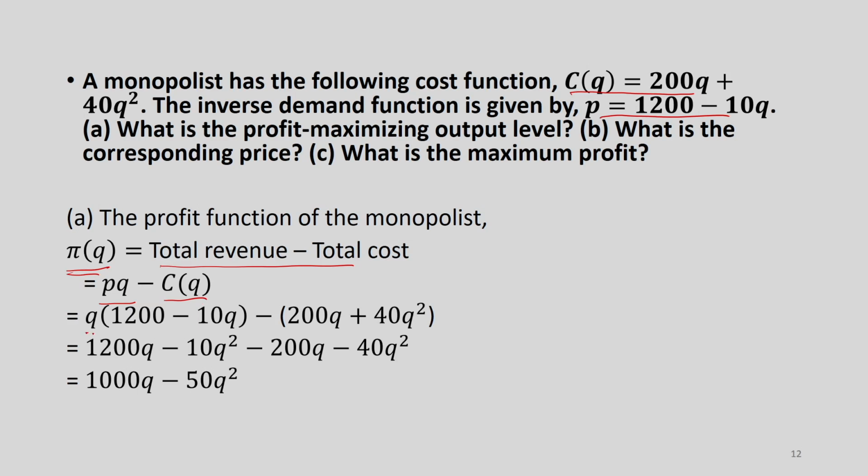So, PQ, that is total revenue, can be found out by multiplying the quantity with price. Price is obtained from the inverse demand function, that is 1200 minus 10Q, substitute that here, minus the cost, and this is simplified as 1000Q minus 50Q square. This is the profit function.